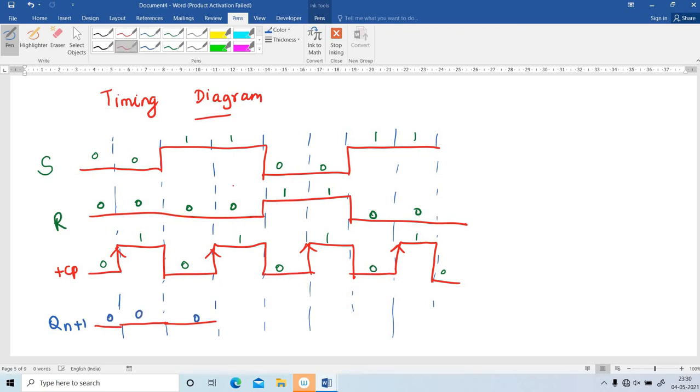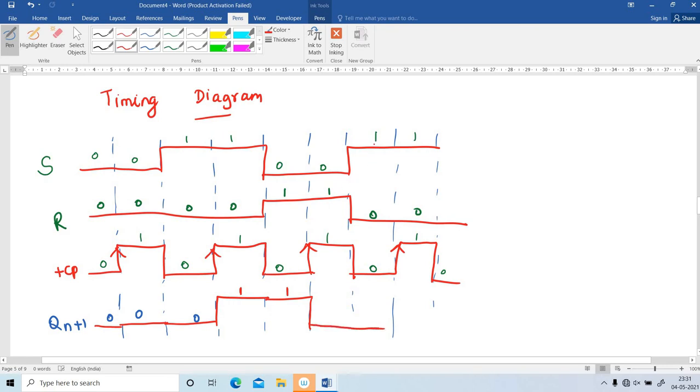And next see here, 1, 0, here also 1. Now it is 1 because set. And then 0, 1, 0. In this time also set because reset but clock is 0. So we get the set value. And then see here set 0, reset 1, clock pulse is 1. Again reset.